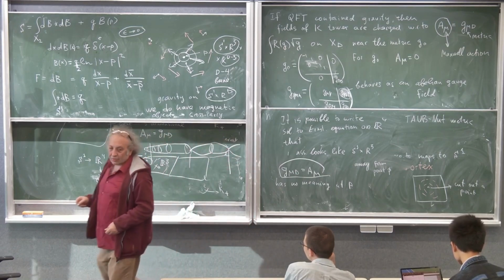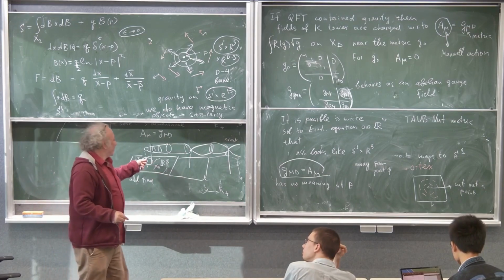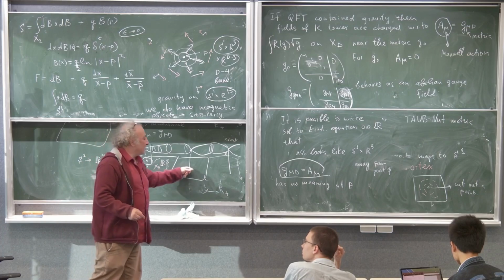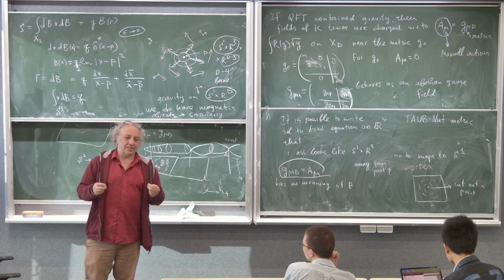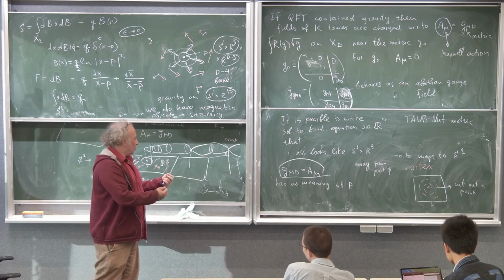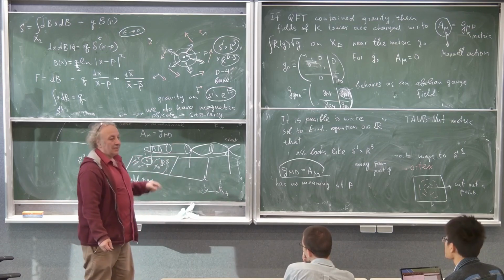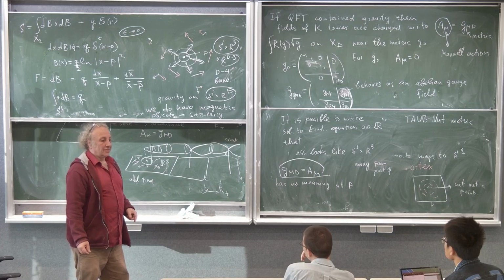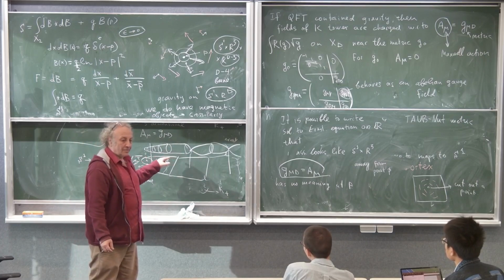And if you do it like this, you will have several magnetically charged objects that are coming together. So you may put them close to each other. And here, as you see, you will have a non-contractible sphere.